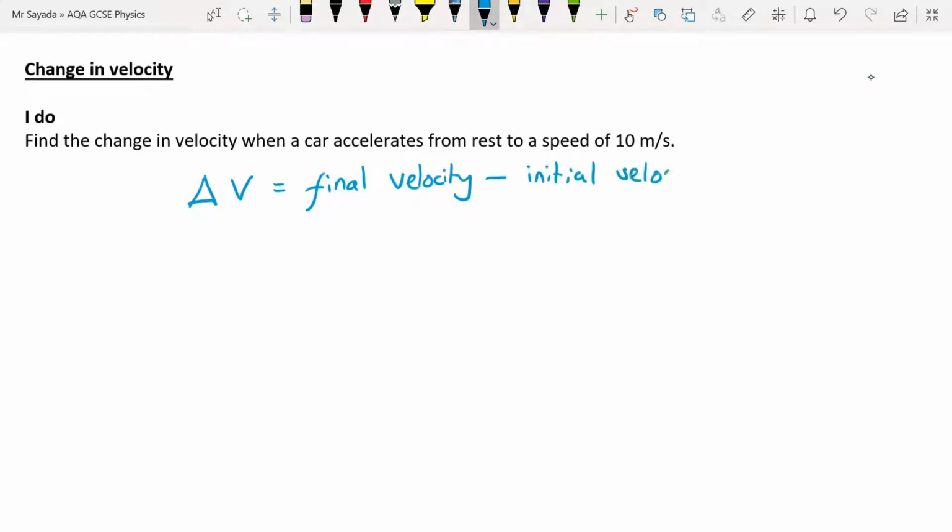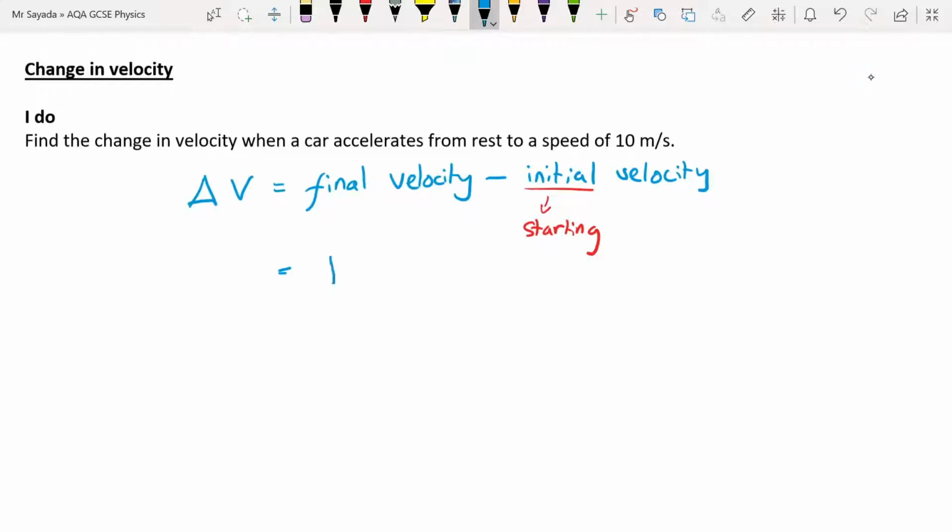What does the word initial mean? Say your answer to the video. Hopefully you've said that initial means your starting velocity. So to work out your change in velocity, you do your final velocity minus your initial velocity. In this question, it's accelerating from rest to a speed of 10 meters per second.